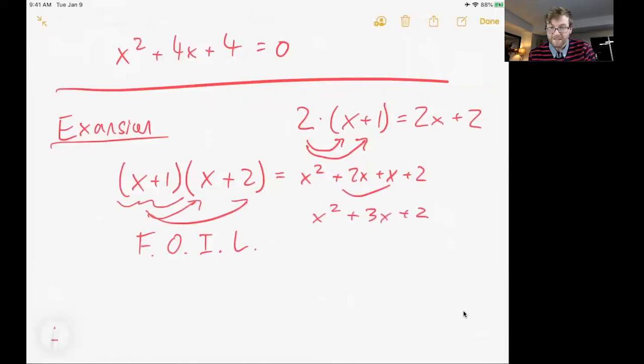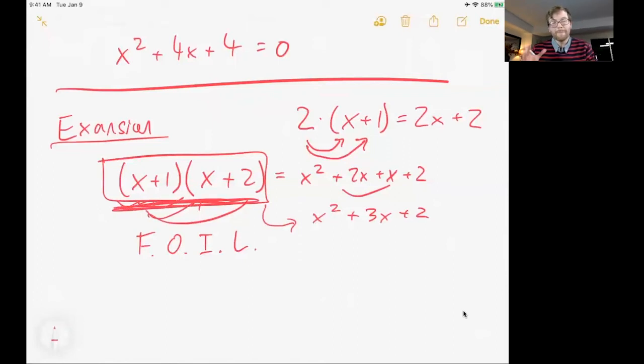Hey, if that was fast and you'd like a video about that, let me know in the comments. So the process of taking these factors and going to a form like this, that's expansion. And since the things we expanded were binomials, we would call this binomial expansion.